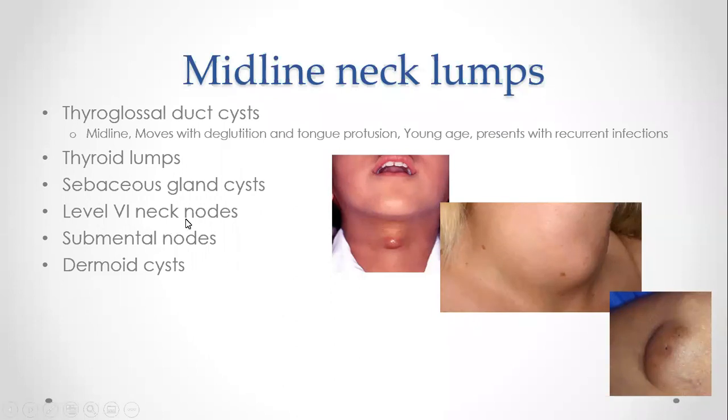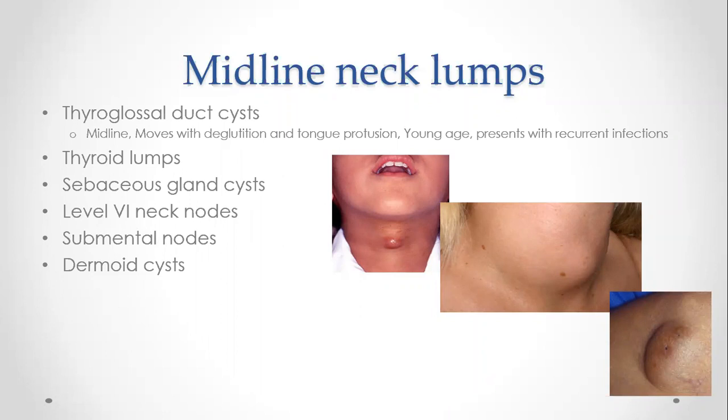And it can be the level 6 neck nodes. As I mentioned, in the levels of the neck, level 6 is the midline in front of the neck. Usually this lymph node is around the thyroid gland in the esophageal groove.